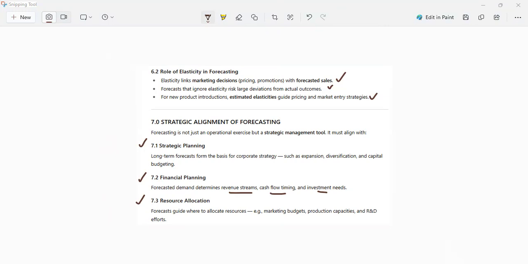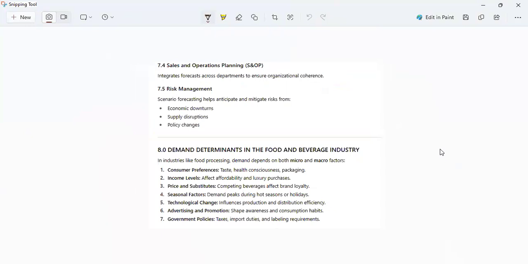Elasticity is important in sales and operations planning because it helps integrate the forecast across departments to ensure organizational coherence. It will also help in risk management. Scenario forecasting will help anticipate and mitigate risk from economic downturns, supply disruptions, and policy changes.